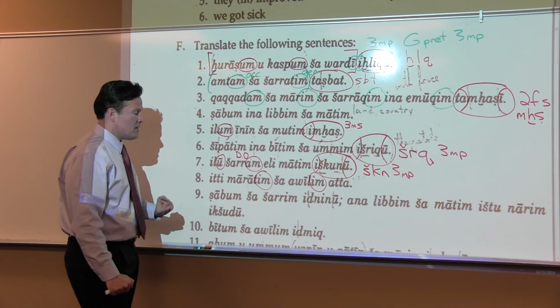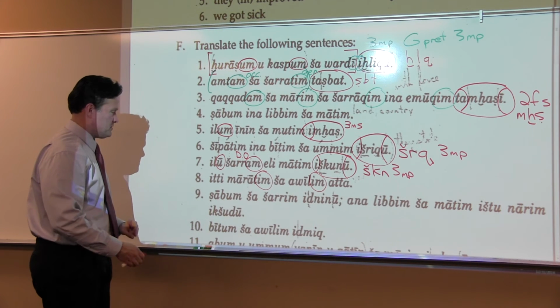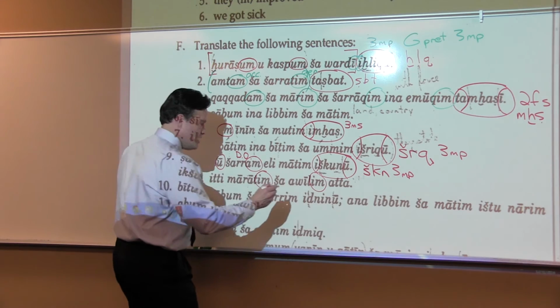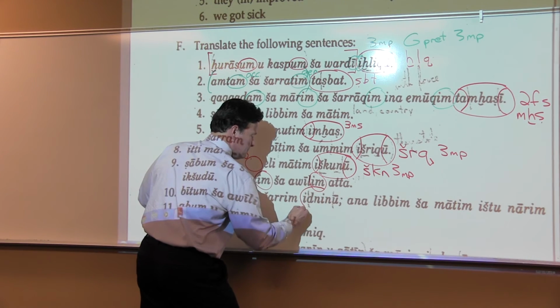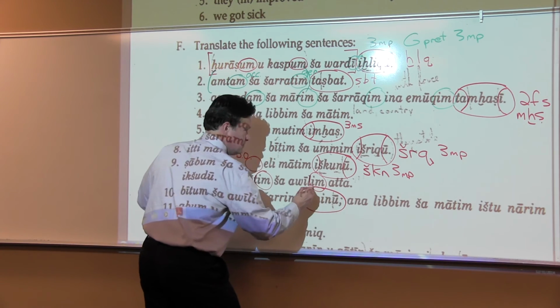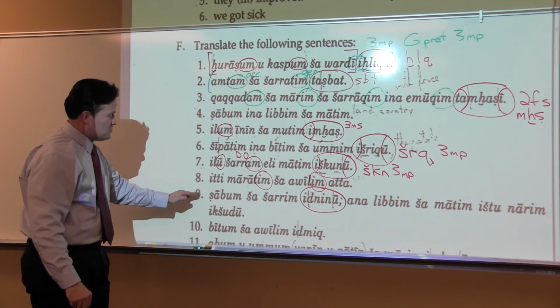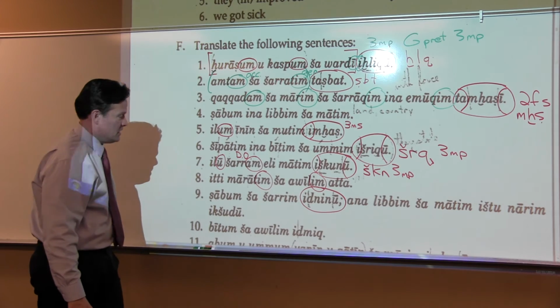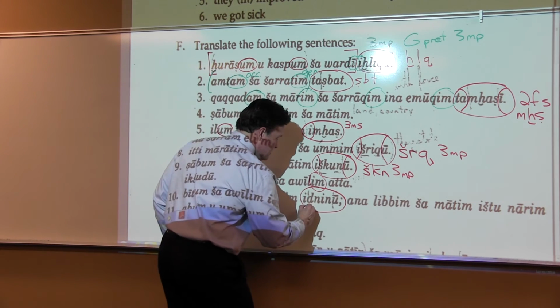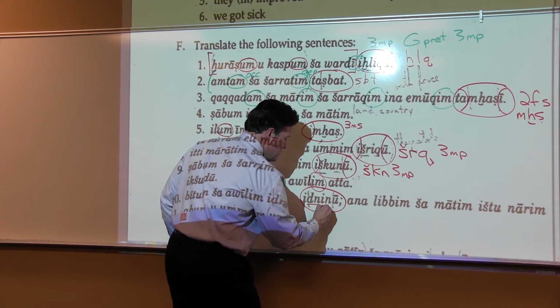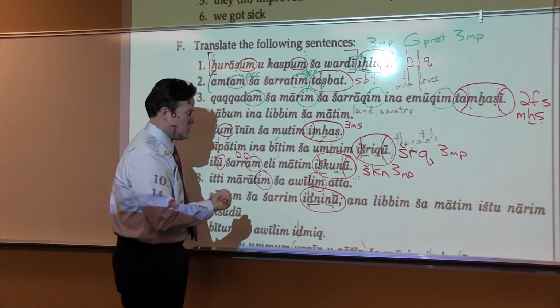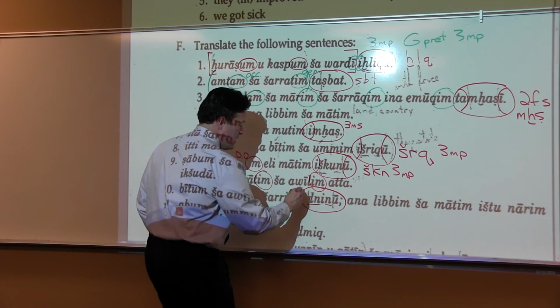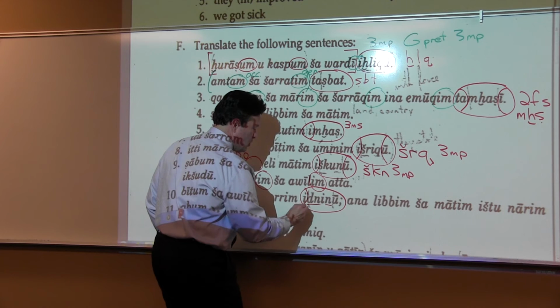Now, notice that number 9 has 2 clauses. The first clause terminates in this verb. Dabum sha sharim idinu. The root here is dalet nun nun, which means to become strong. We have an e performative.